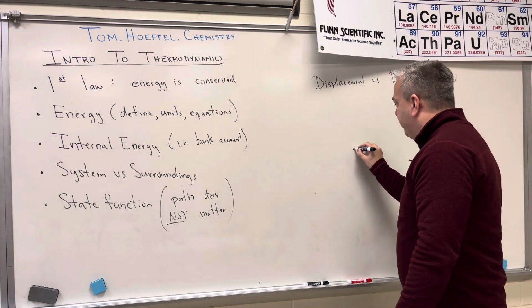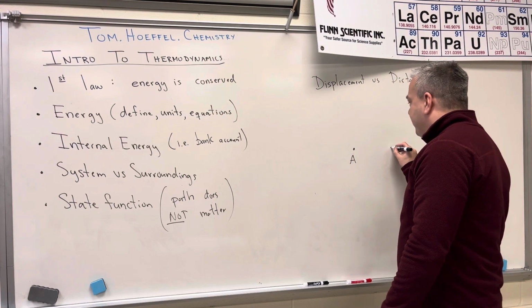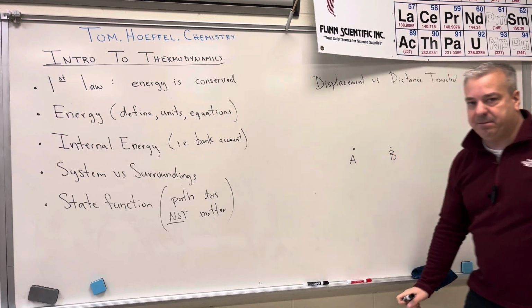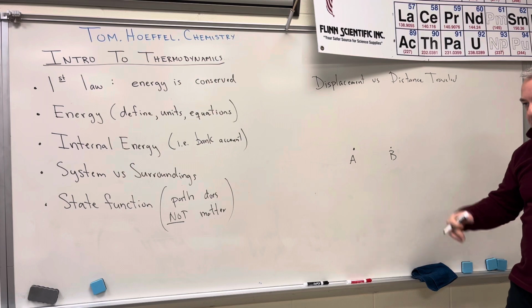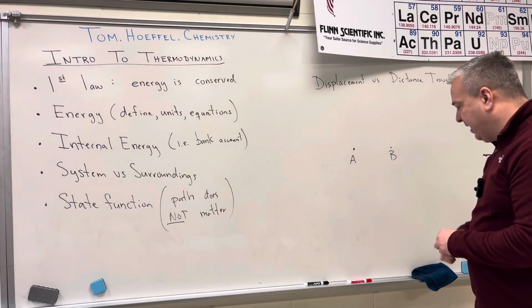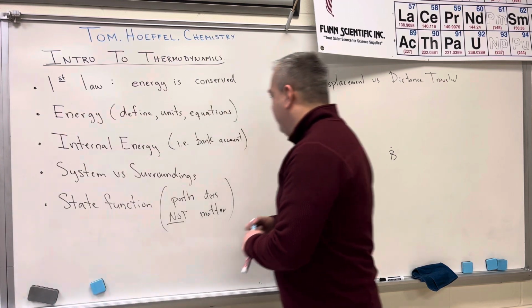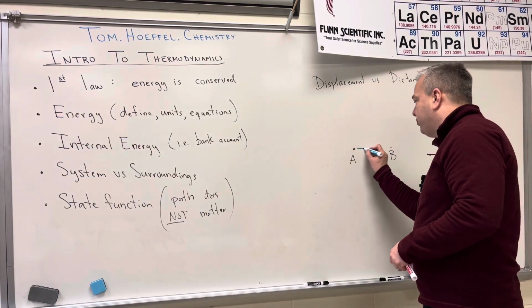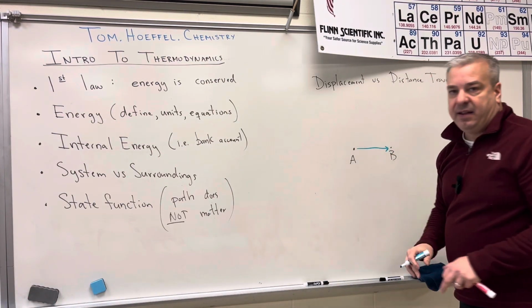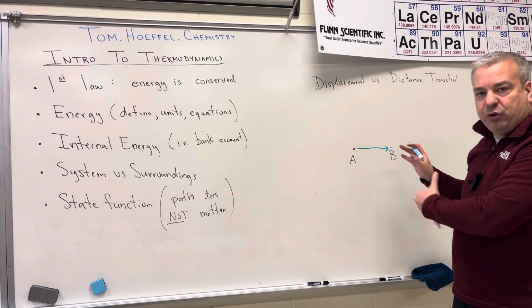And what I have here is what I'm going to call position A and position B. And we're going to have two scenarios. Scenario number one is where a person simply moves from position A to position B in a straight direction.